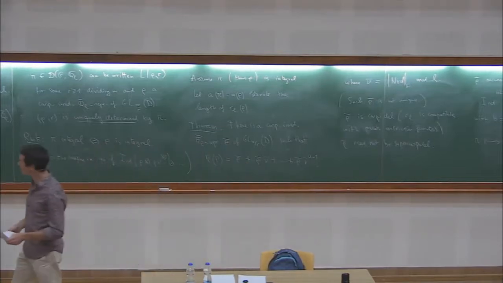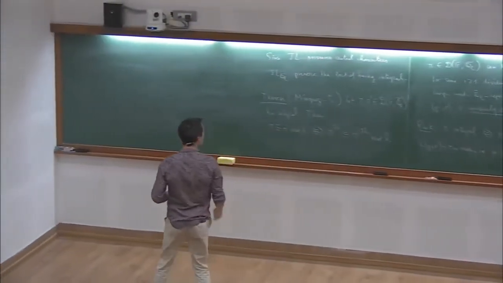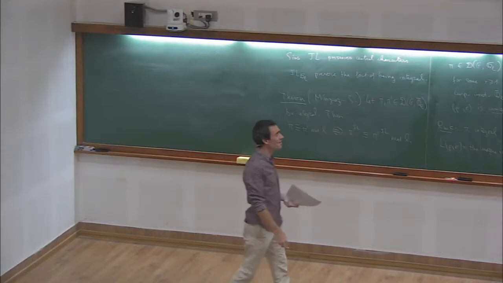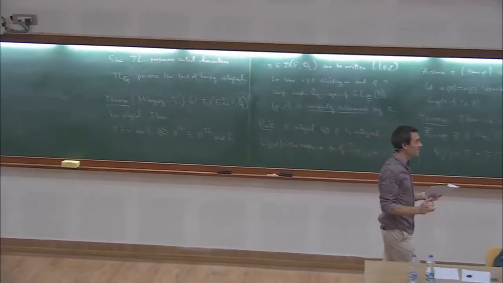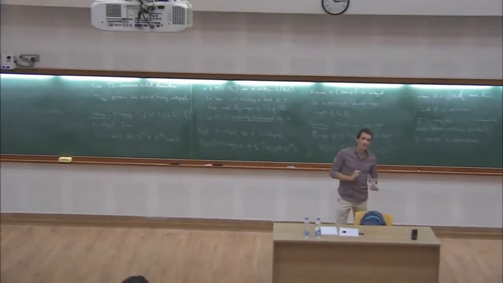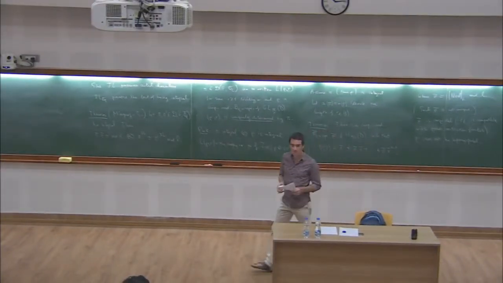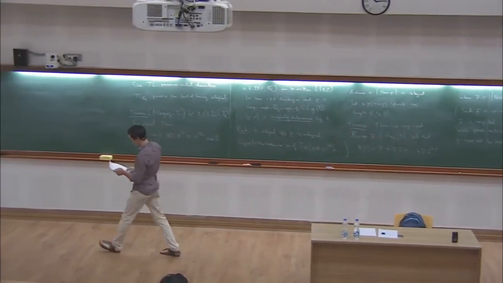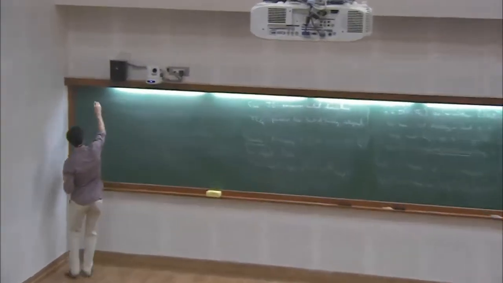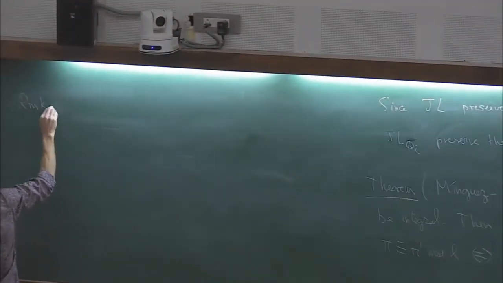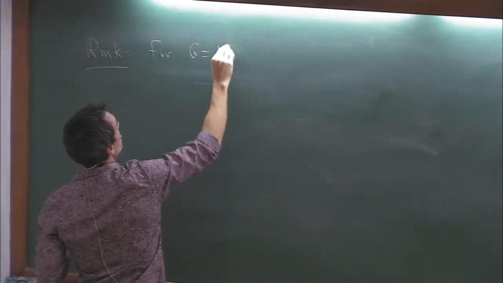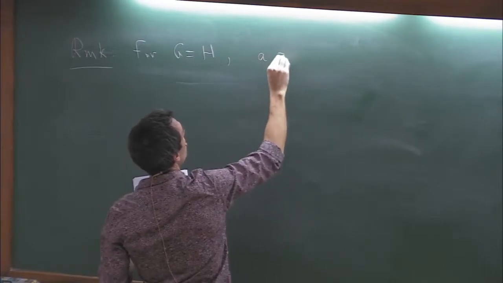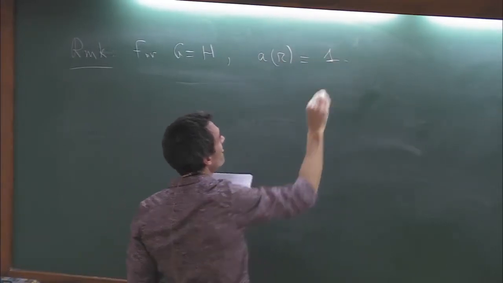It is not difficult to verify that these two invariants, considered independently, cannot be invariant under the Jacquet-Langlands correspondence, because for J equals H, you will always have a of pi equals 1.